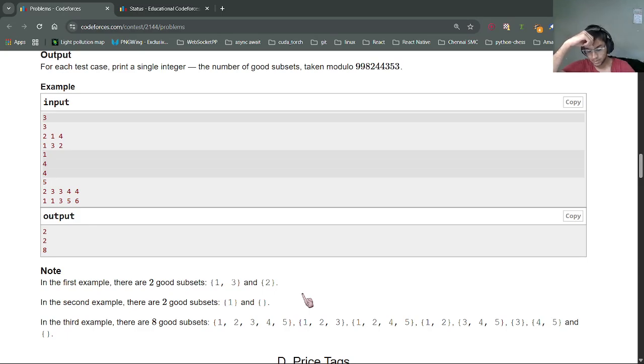No, no, NCR I need to calculate. And to calculate NCR in a very naive way, it would take N for N. So N square works fine, I guess.